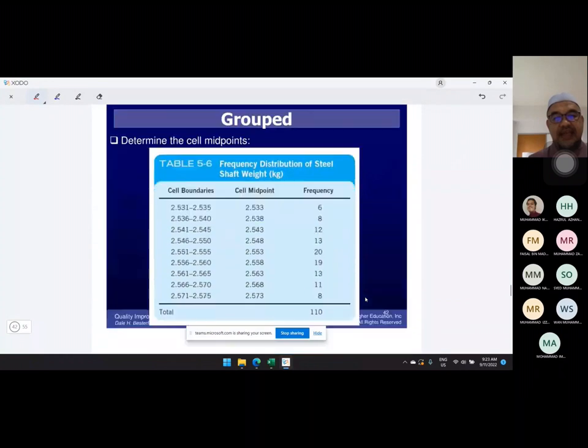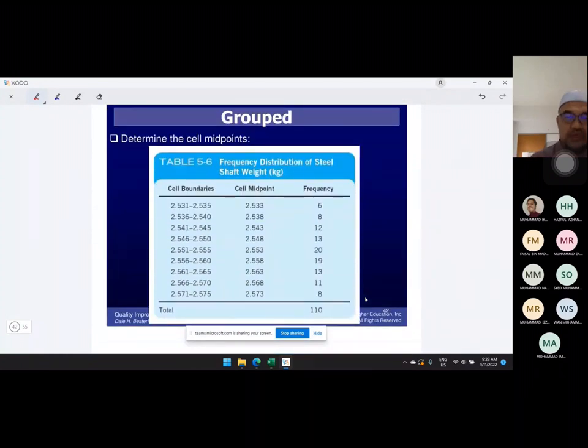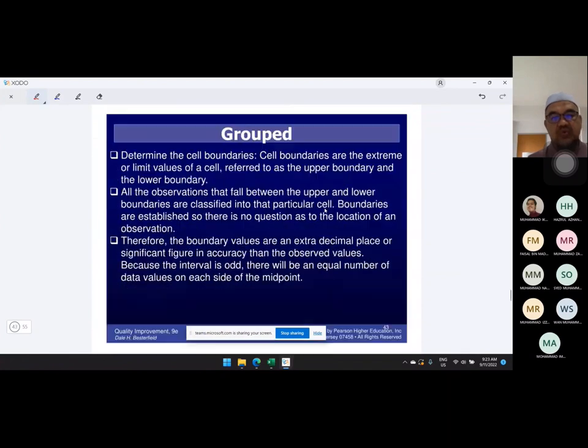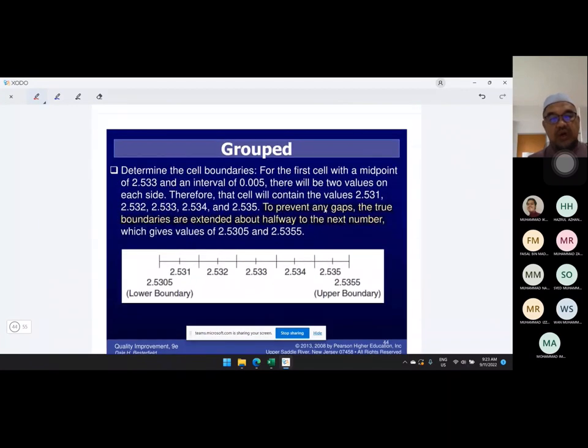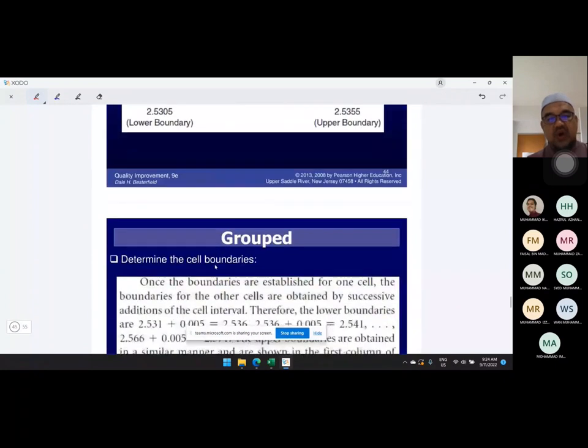Okay, and then of course after that we will go back to the collected data and plot our histogram, for example with the midpoint and the lower and higher boundary, and then we have the frequencies of occurrences. So these are the boundary values, and these are the midpoints, and then we draw our histogram.